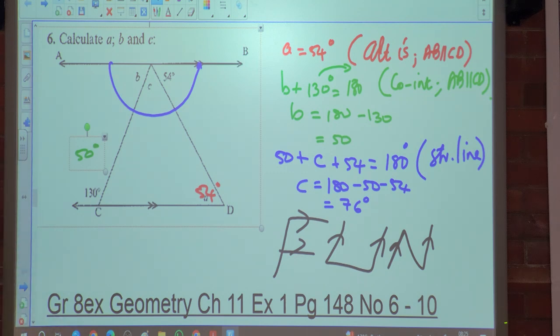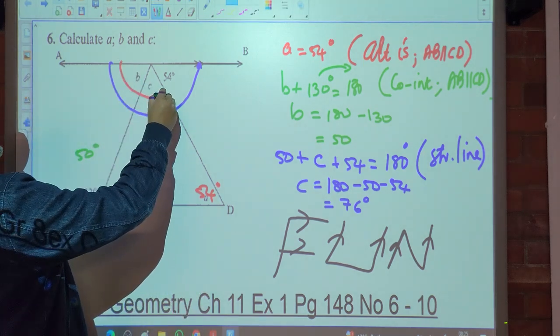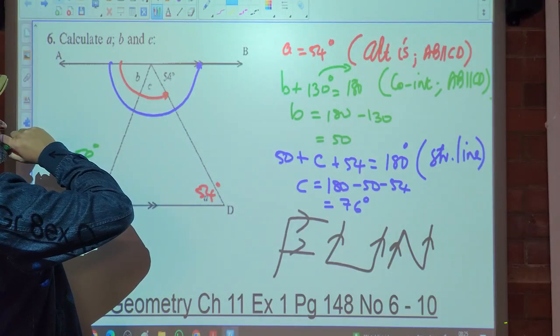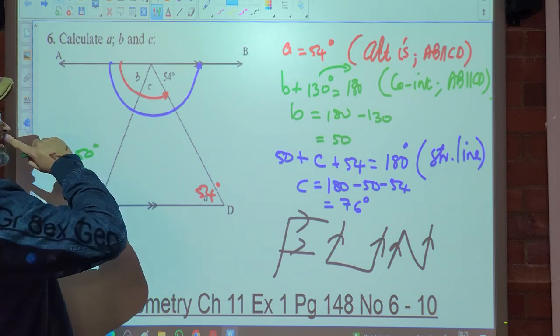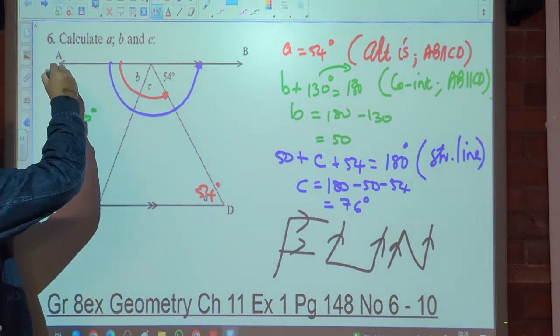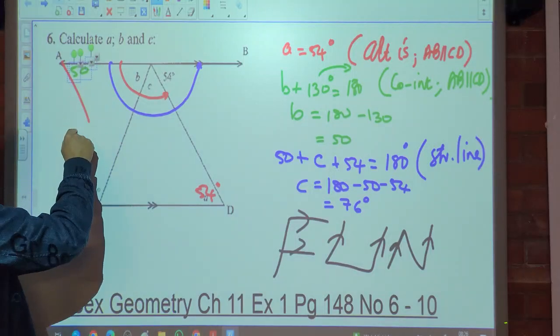If there wasn't B, but they did provide us with 50 degrees, and it was still C and 54 degrees, but the 50 degrees was more on the left hand side, with a line that made 50 degrees as an angle here, can you still say straight line?